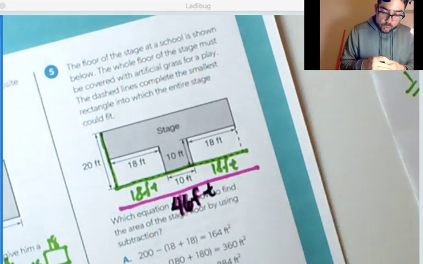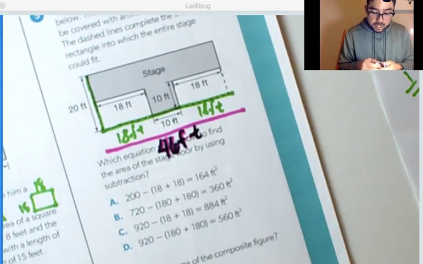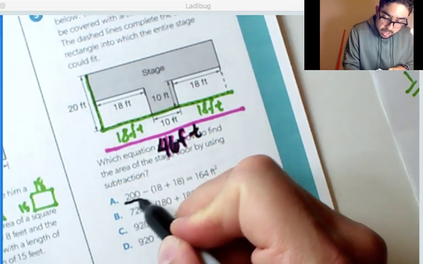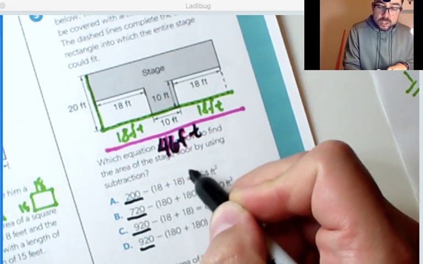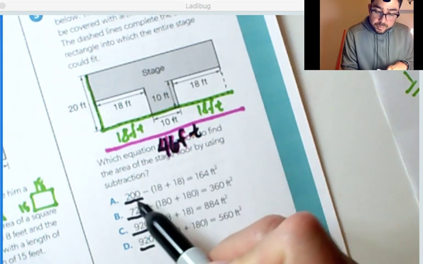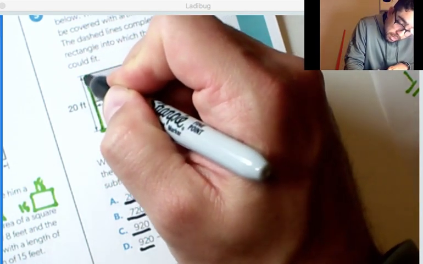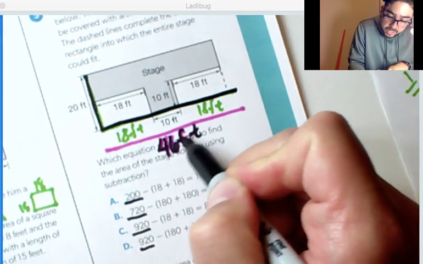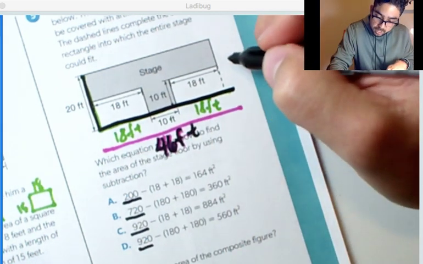So if we look at all of these problems, one thing that they have in common is they all start out with an area and then they're subtracting, which looks like it should be this space right here. So let's see. The area of the big rectangle here would be 46 by 20.